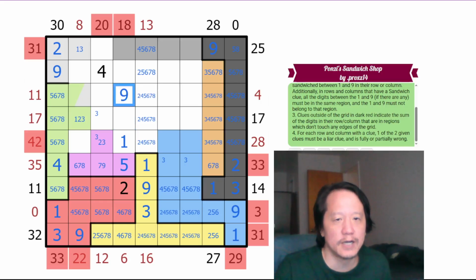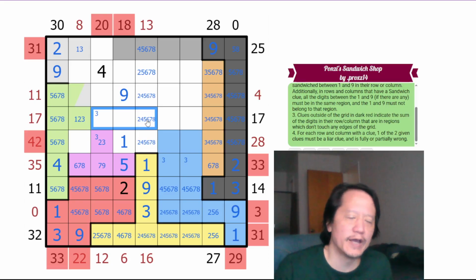This would be 9. We technically could have something there. So it could be 3 digits here in between. Or it could be 3 digits here in between. Either way, how does that even work? I don't think that will work, right?